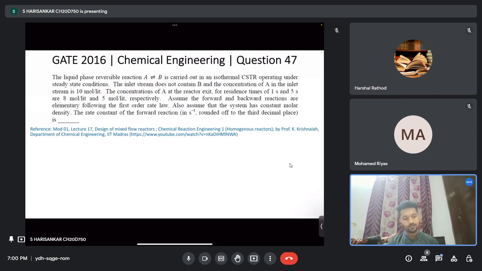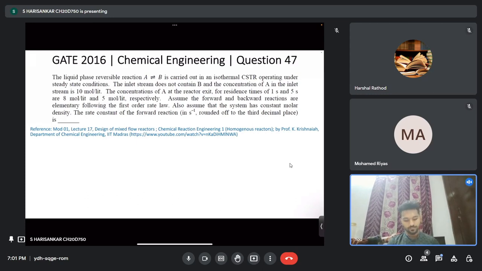The concentration of A at the reactor exit for residence times 1 second and 5 seconds are 8 mole per liter and 5 mole per liter respectively. Assume the forward and backward reactions are elementary following first order rate law. Also assume that the system has constant molar density. The rate constant of the forward reaction in second inverse, rounded off to the third decimal place, is dash.